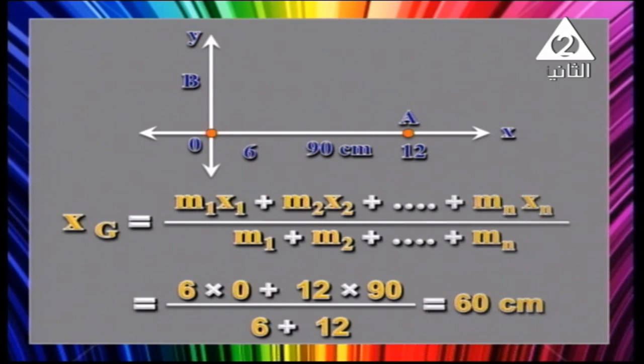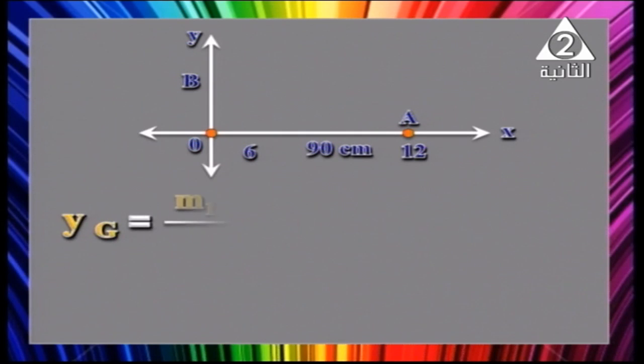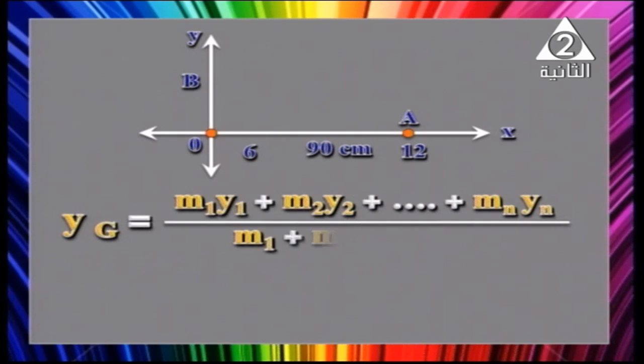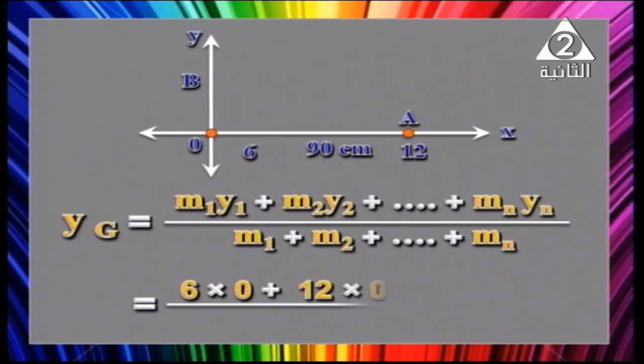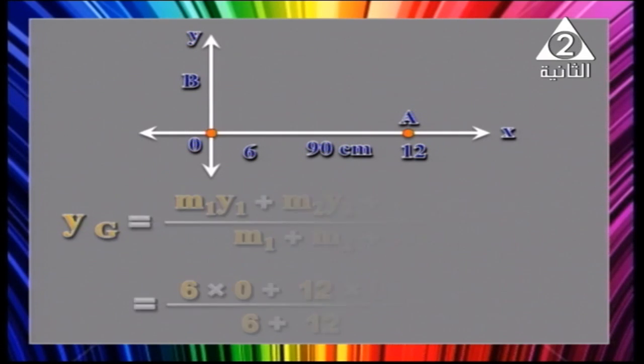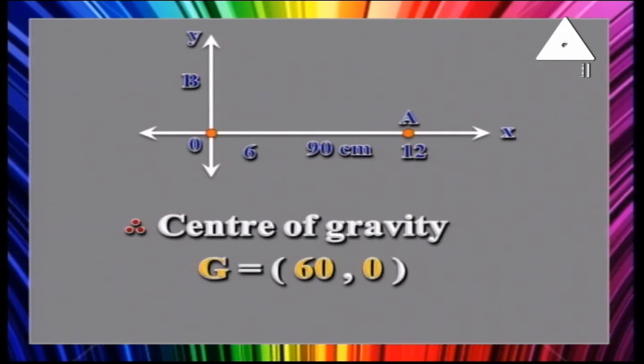yg equals m1 y1 plus m2 y2 over m1 plus m2, answer is 0 centimeter. Then, my dear student, the center of gravity at G, its coordinate is (6, 0).